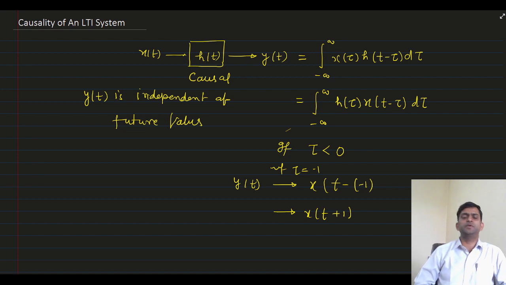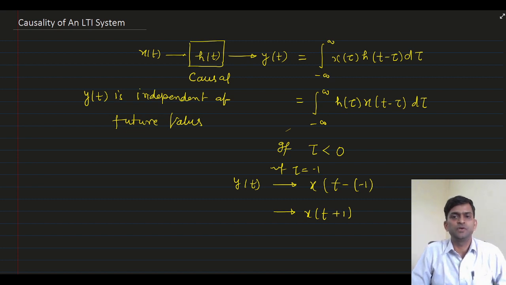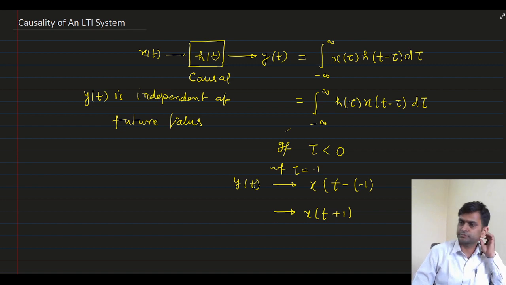So x of t plus 1 means a future value. So if tau is less than 0, it is dependent on the future value.